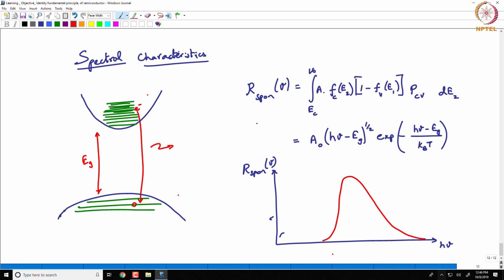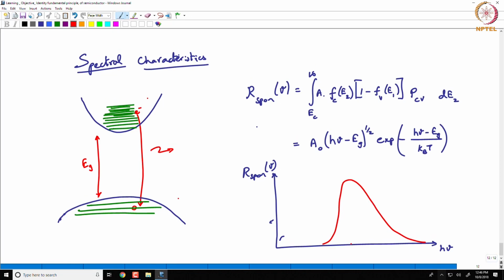And then if you look at where the peak happens, if you differentiate this with respect to h nu and equate to 0, you can show that the peak happens at a point corresponding to Eg plus kBT over 2, right.